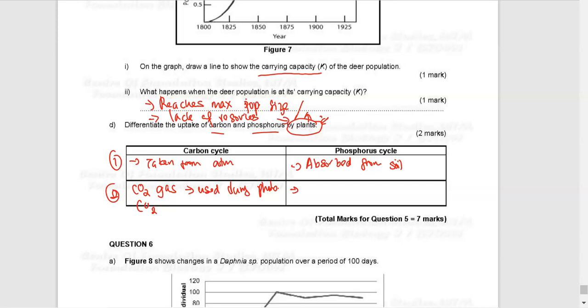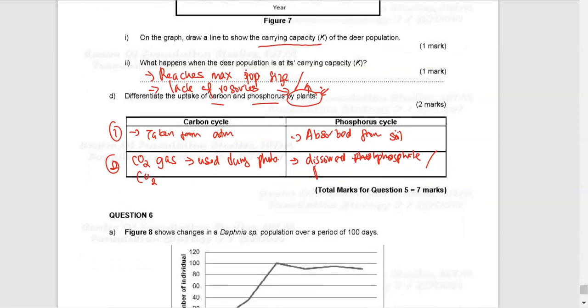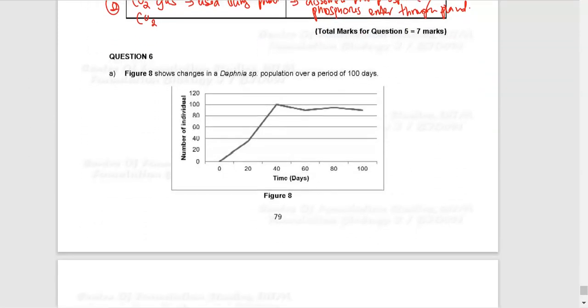For the phosphorus cycle, the phosphorus will be absorbed as dissolved phosphate, and it enters through the plant.